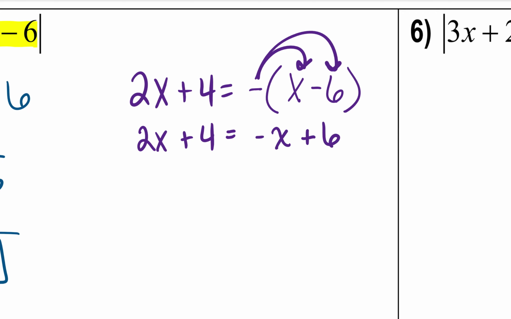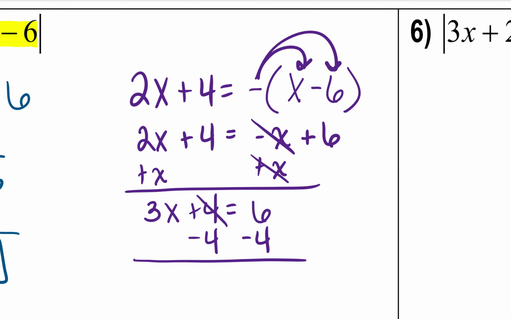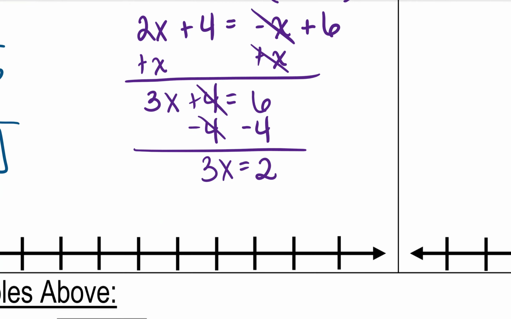And I'm going to go ahead and move the smallest x again. That's how I always do it. You don't have to, but it makes it a little easier. Subtract 4. 3x equals 2, divide. So I have x equals 2/3.